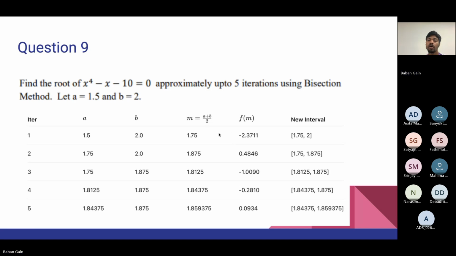Minus means it will go to the lower A. Again, I'll calculate, this is plus, so this will go to the B. Minus, so this will go to the A. Again, minus, this will go to the A. And they told 5 steps only. So after the 5 steps, we have f of m equal to this one and m equal to this one. So this is the root after 5 steps.